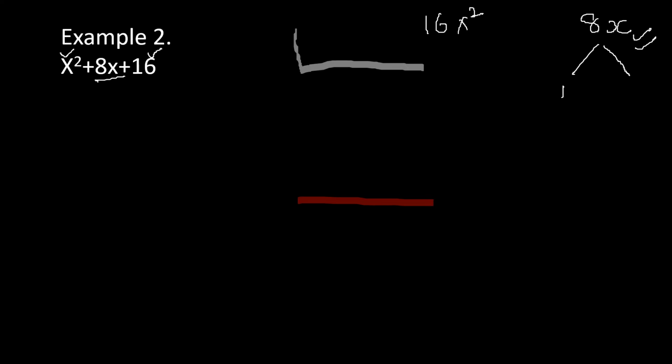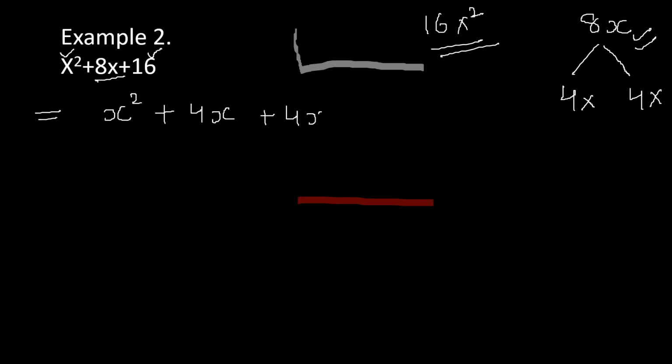So if I take 4x and 4x, look at the sum. It will be equal to 8x and the product will be equal to 16x square. So these two terms are perfect. So put here x square plus 4x plus 4x and plus 16.